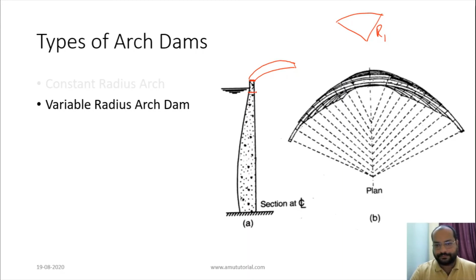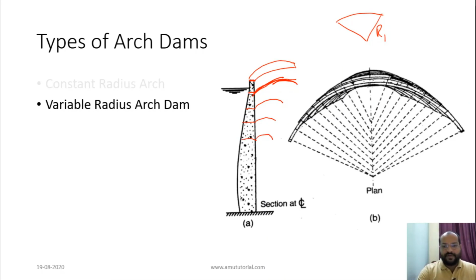Again here, now the radius will vary. So if the radius varies, then the curvature will be different. So due to this varying radius, what will happen?